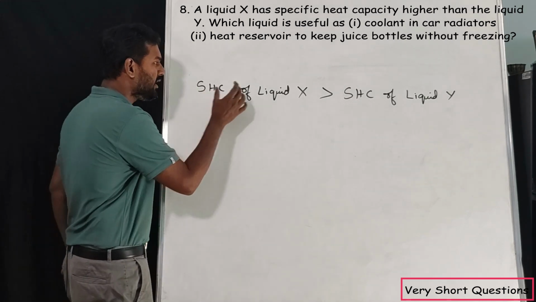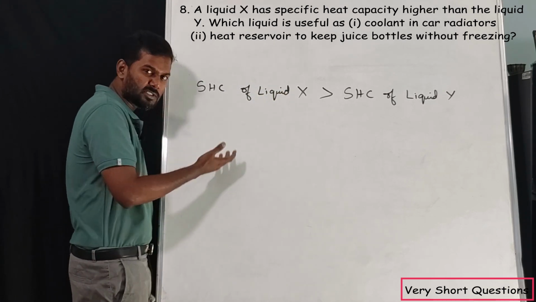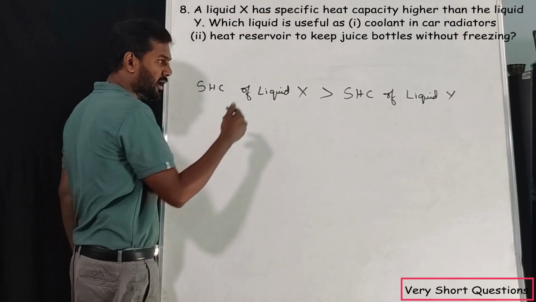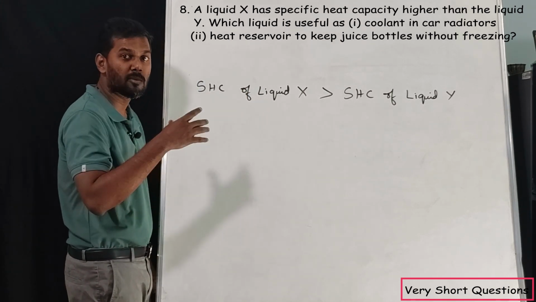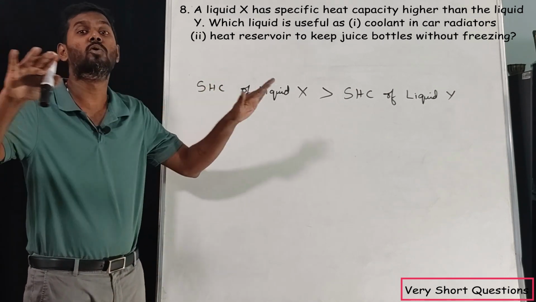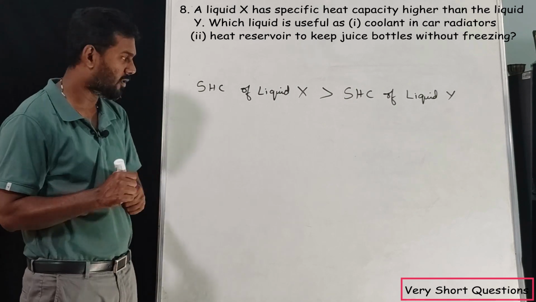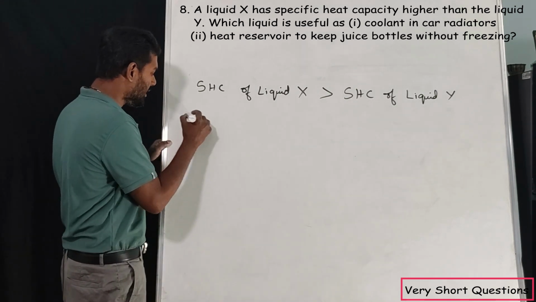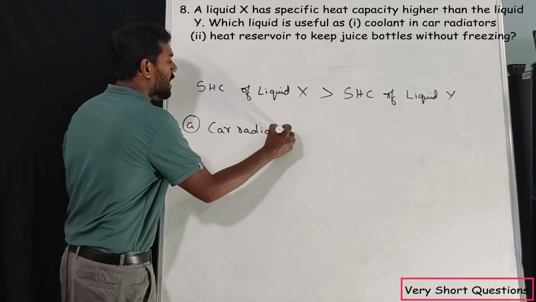So whenever we supply the same amount of heat energy to liquid X that we supplied to liquid Y, it will absorb the same amount of heat energy, but the rise in temperature will be slower. It will take a large amount of time compared to liquid Y. So in a car radiator, what do you mean by car radiator?